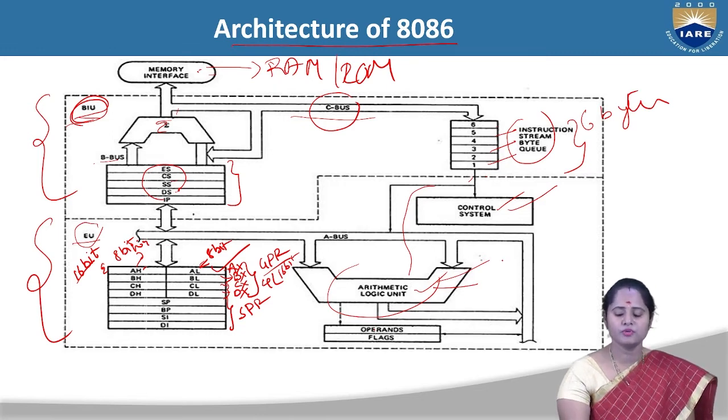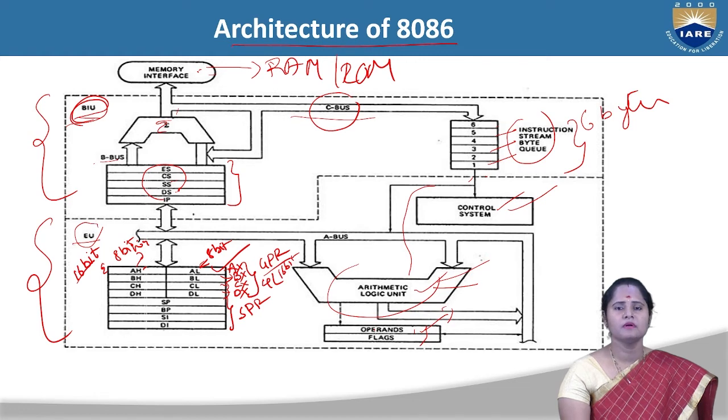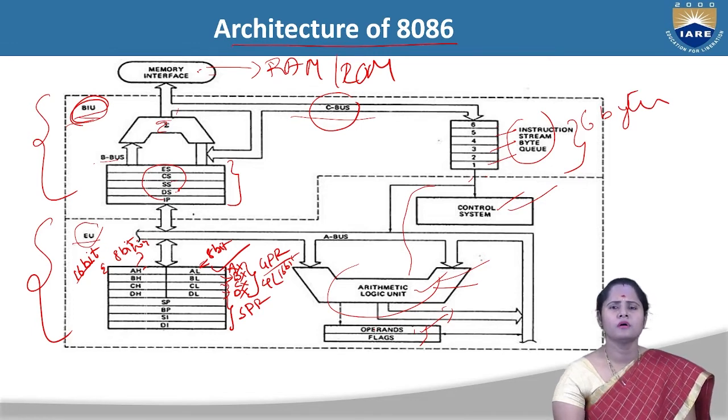Another section is the arithmetic logical unit, which is used for execution, and another one is the flag register. So what actually is a flag register? For all the operations done in my 8086 microprocessor, any instructions which are executing, it may be addition, subtraction of any kind, incrementer or decrementer, or a counter.